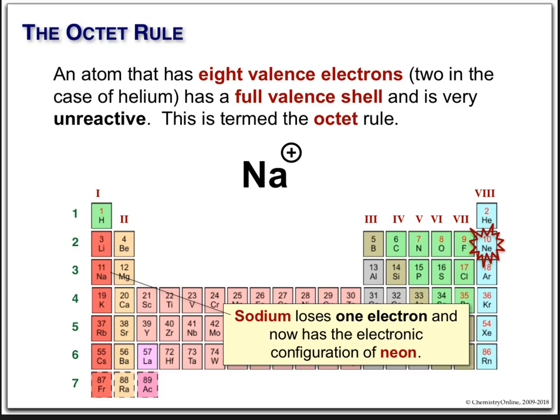This is called the octet rule. As we go and make bonds and stuff like that, what we're trying to do is to make a full valence shell, full with 8 electrons, 2 for helium or hydrogen, because that makes it equivalent to an inert gas, and the reactivity stops. The octet rule.